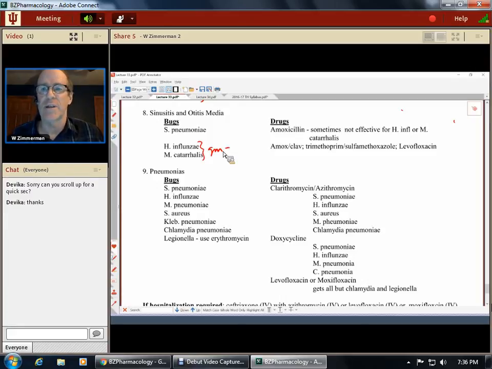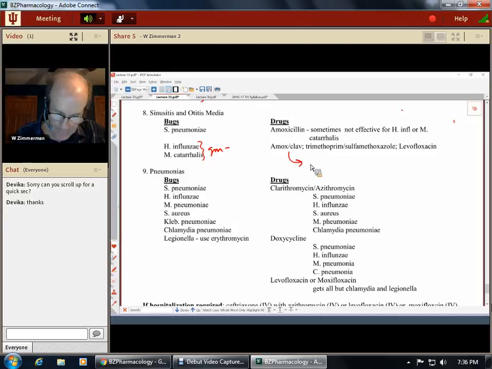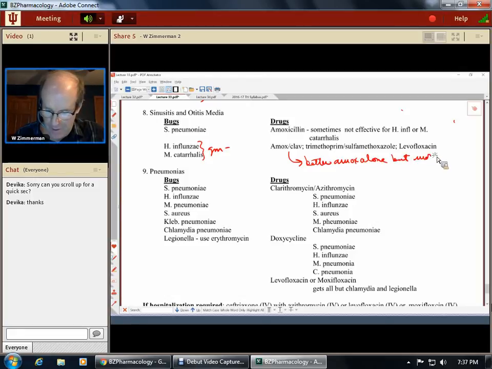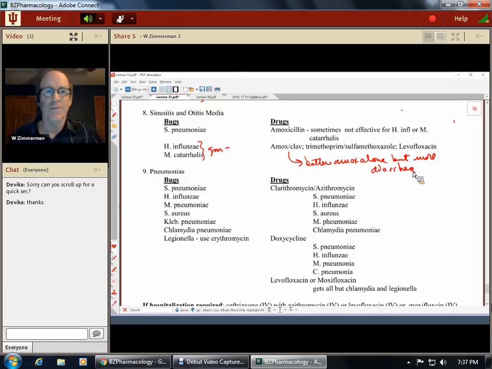The amoxicillin, all by itself, is probably going to have some trouble against the Haemophilus influenzae and against the catarrhalis. You can try it, but amoxicillin clavulanate will work better. Certainly better than amoxicillin alone, but you'll have a lot more diarrhea. If it's a young child with a diaper on, they'll be changing the diaper quite a bit, and adults complain about it too.